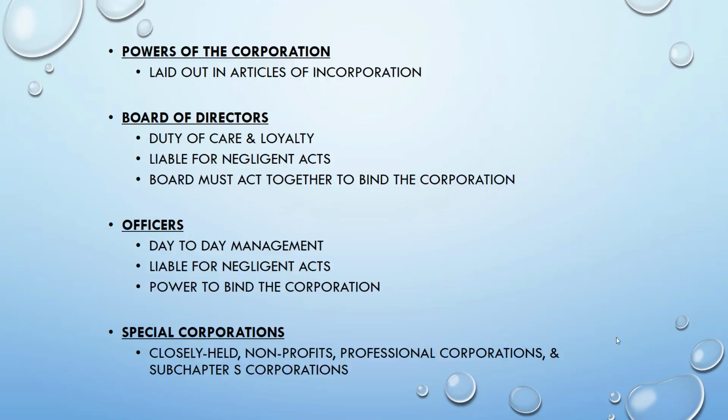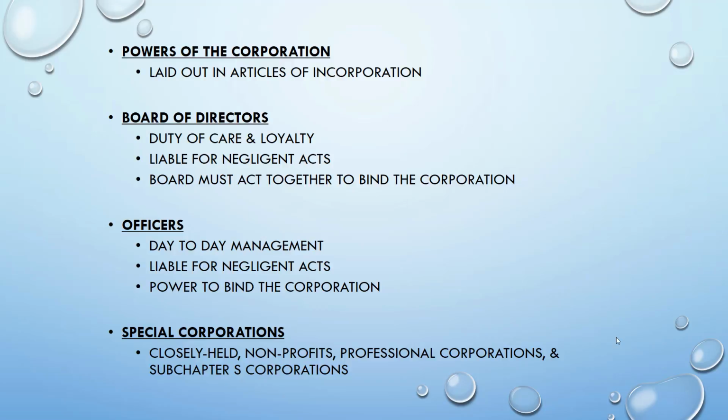This would be like the American Red Cross and things like that are set up for non-profit purposes. There are also professional corporations, or PCs, and you'll usually see that with members of a profession. For instance, a group of accountants or attorneys or doctors.